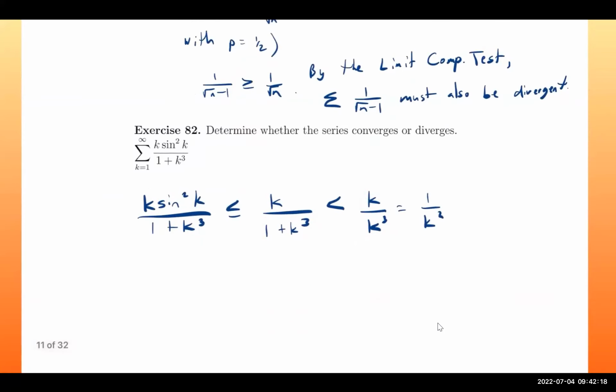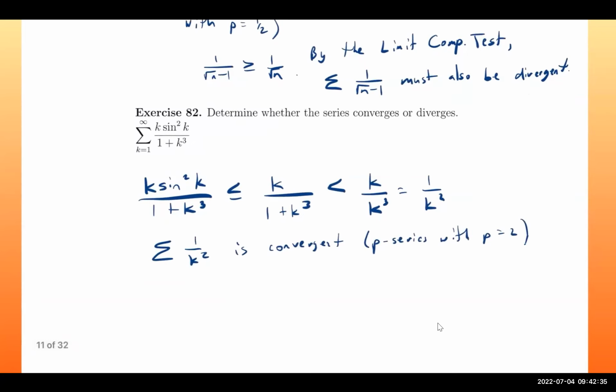All right, and we know that 1 over k squared is convergent. Once again, it's a p-series with p equal to 2. That's what makes it convergent.